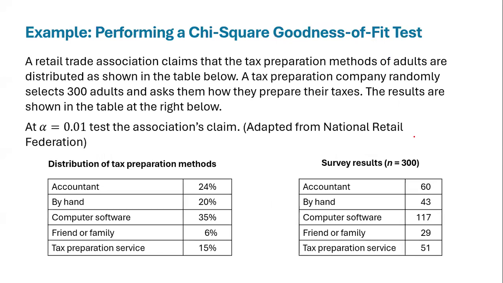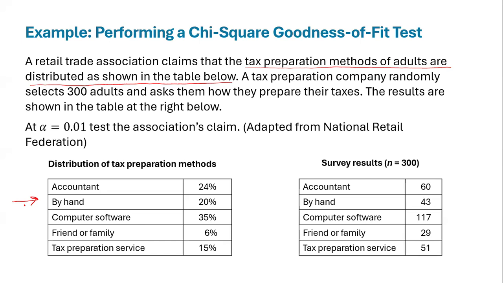Now in the same question, it says a retail trade association claims that the tax preparation methods of adults are distributed as shown in the table below. That's a claim. And they claim that the tax preparation methods of adults are like this table, which tells us 24% use an accountant, 20% by hand, 35% computer software.